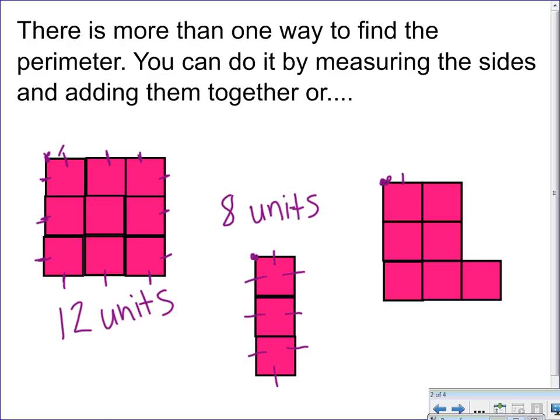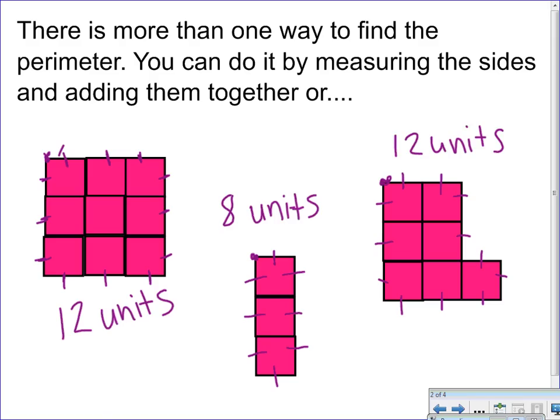All right, so we've got 1, 2, 3, 4, 5, 6, 7, 8, 9, 10, 11, 12. Again, we have 12 units.